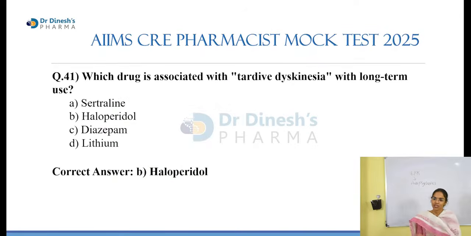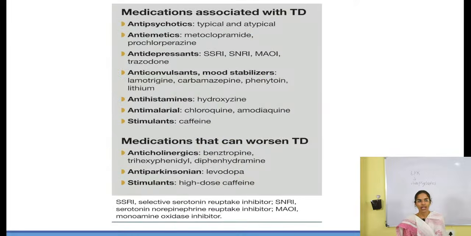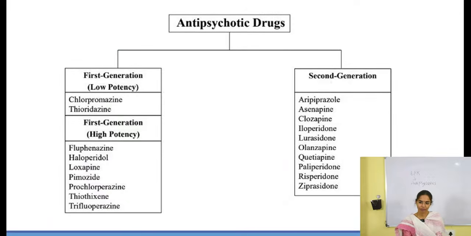Okay, next. So what are the medications that are usually associated with tardive dyskinesia? Antipsychotics, yes, typical and atypical. Less with typical and more with atypical. Antiemetics, antidepressants, antihistamines. So there are many drugs that are associated with tardive dyskinesia. The next slide, please.